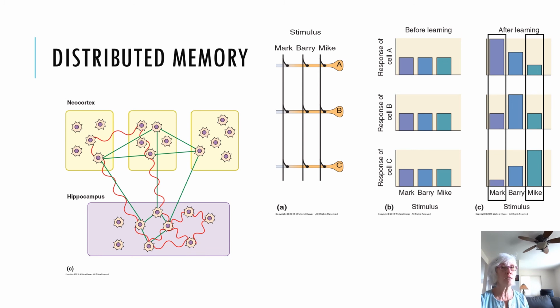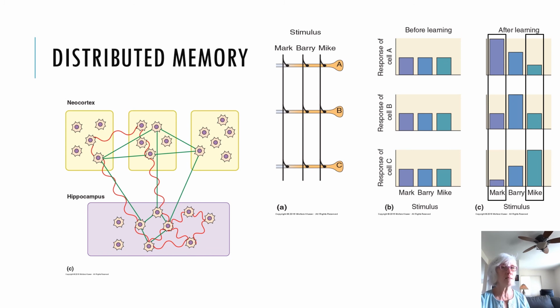When we see or hear Mike, neuron A has a decreased stimulus, but neuron C has a wow, over the top stimulus. And compare that with Barry in the middle. For Barry, all three of the neurons, A, B, and C, have an enhanced stimulus relative to what it was before we knew who Barry was.